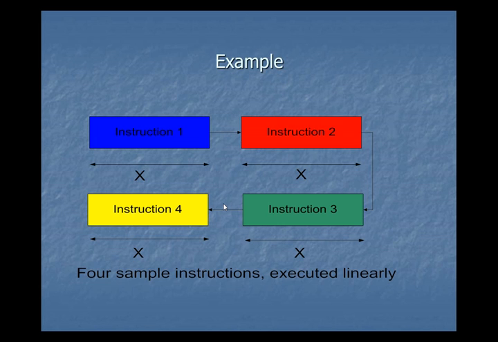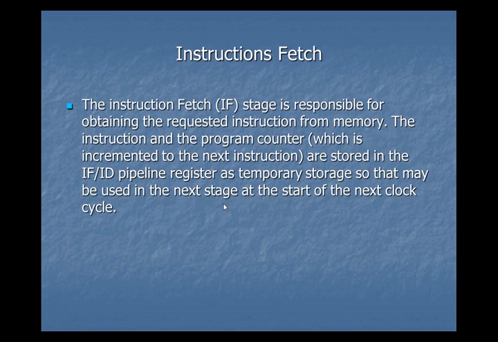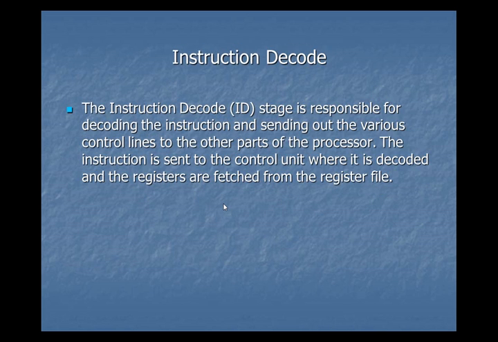Then we also took multiple examples of how one instruction gives its output to the next instruction, and the next instruction gives the output to the next one. These are the examples for pipeline instructions.